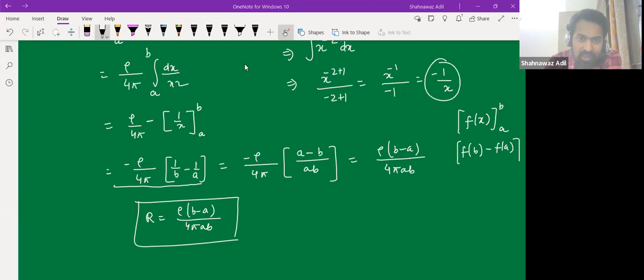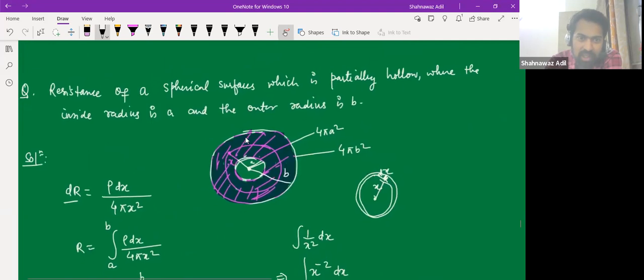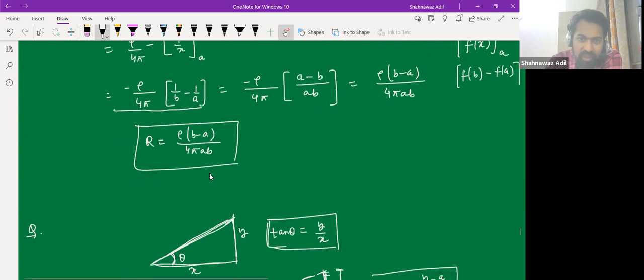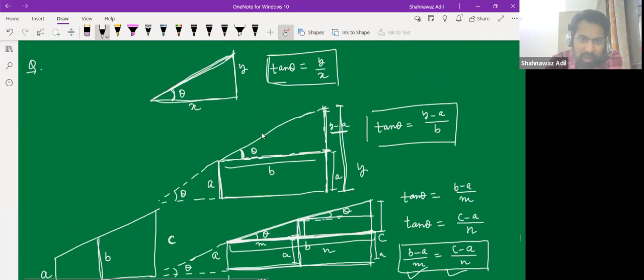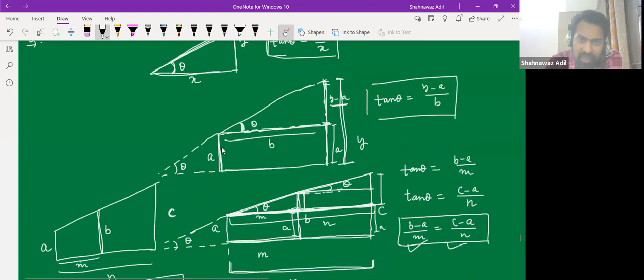So this was the question, right? When we were doing this question, you were there, I guess. After that, we talked about this relation. We talked about the slope, which is y by x, and then we have these kinds of slopes. What is the slope of this? The slope of this would be y minus a divided by b.